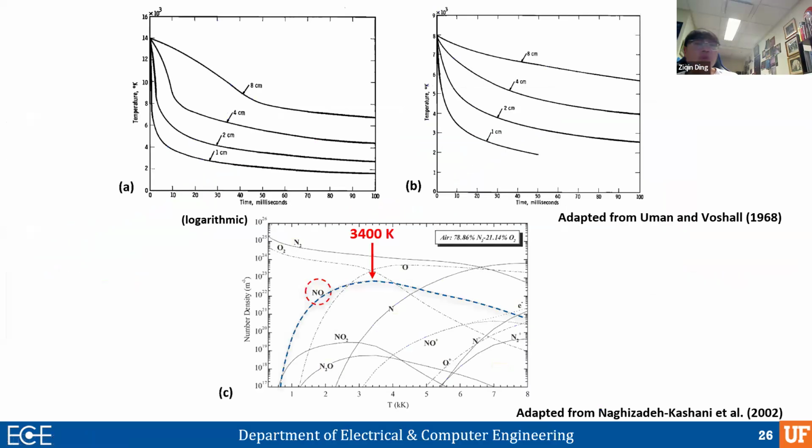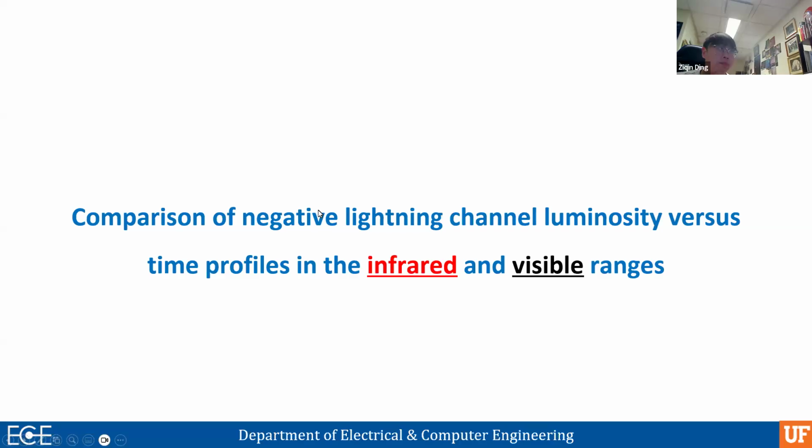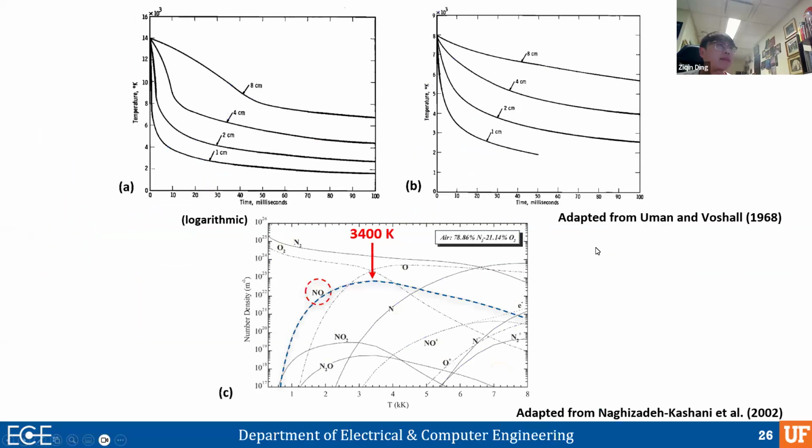So what caused that hump? We just discussed that the infrared luminosity hump always appears during the decay stage after the return stroke. So we took a look at this plot adapted from Newman and Shaw, 1968.